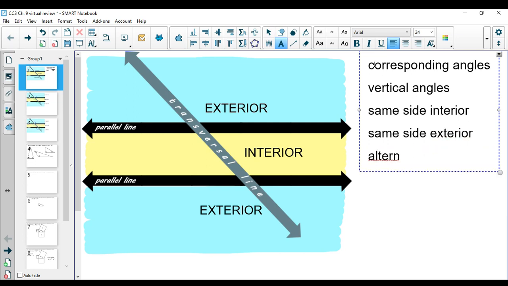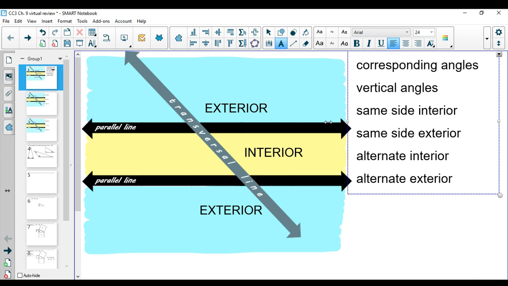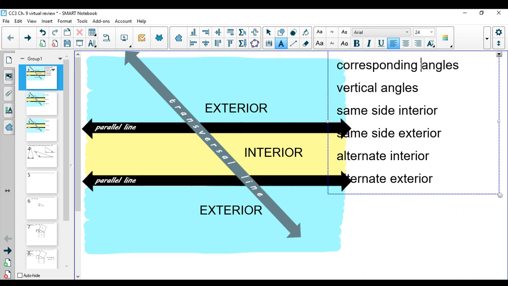We have alternate interior and alternate exterior angles. And I saved myself some time by not typing angles each time, so I will fill that in now.